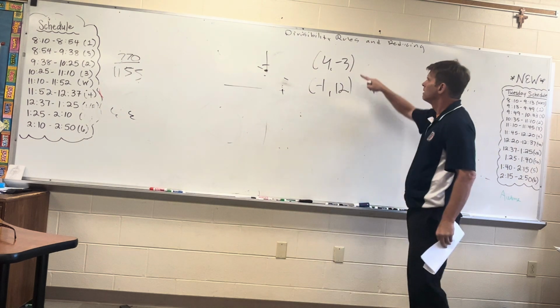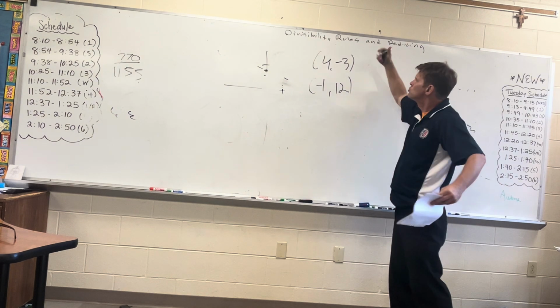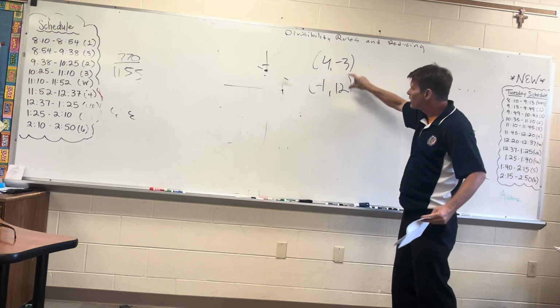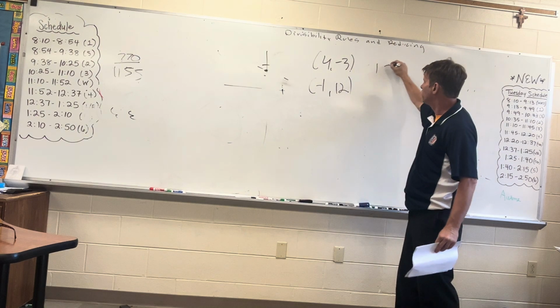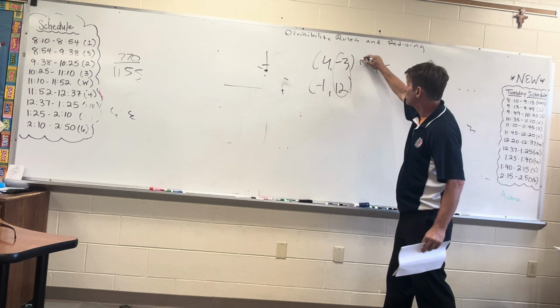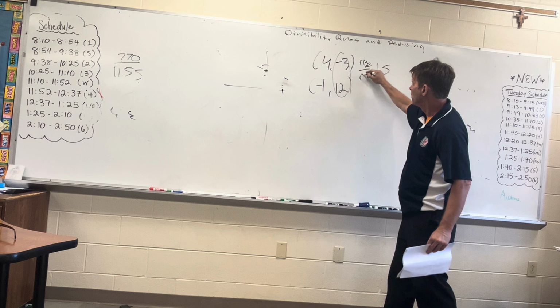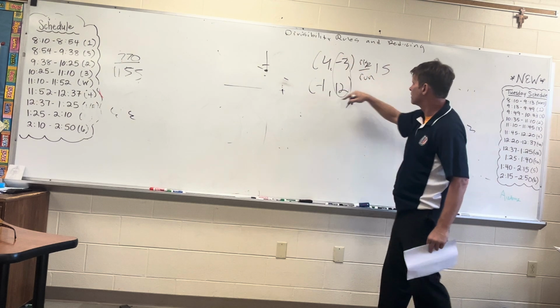Change of y from negative 3 to 12. Don't add them together. The change. I went from negative 3 all the way up to 12. That's a positive 15 change. Do the y part first, because that's the rise part. And then do the x part from 4 to negative 1.